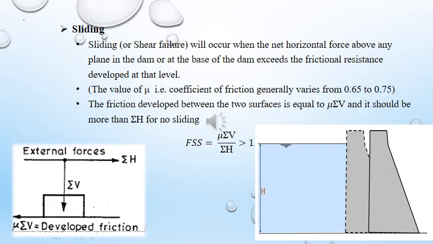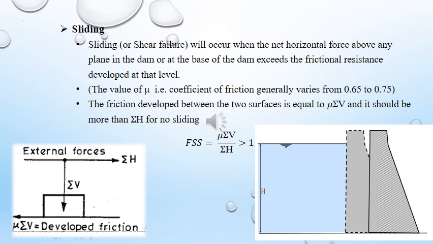And the failure by sliding. So, sliding or shear failure will occur when the net horizontal force above any plane in the dam or at the base of the dam exceeds the frictional resistance developed at that level.